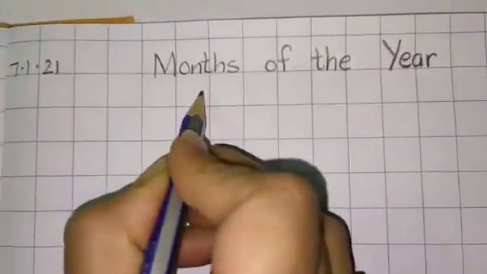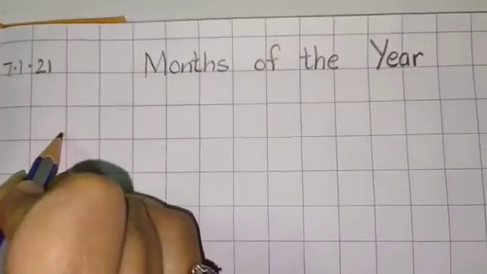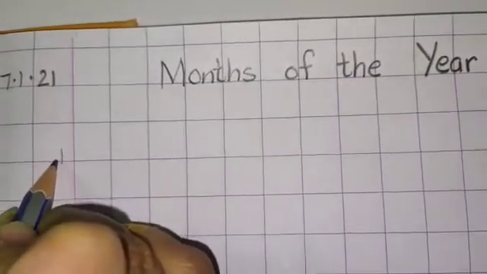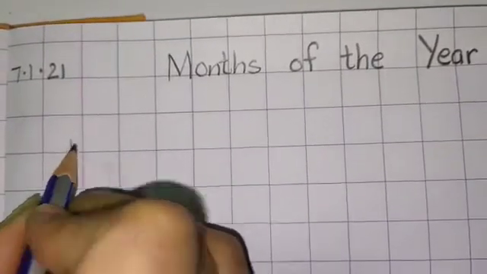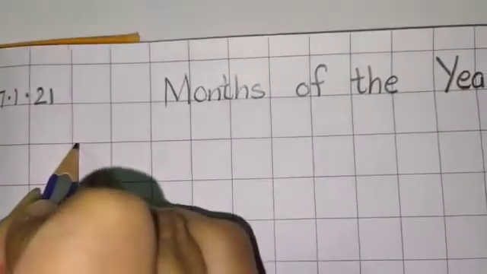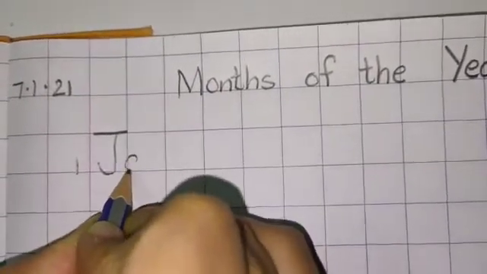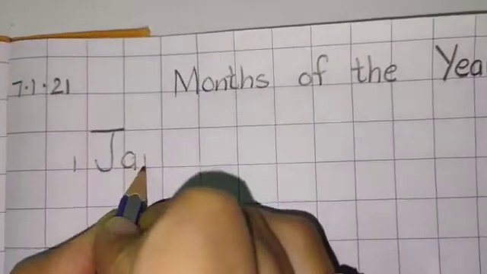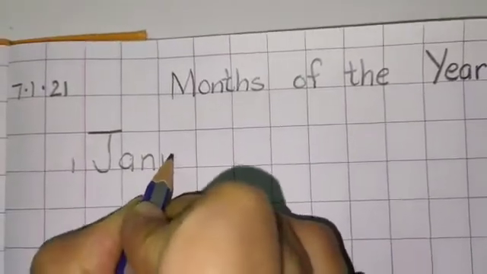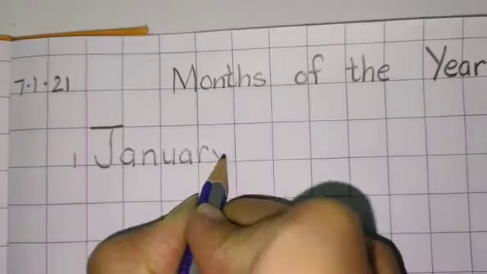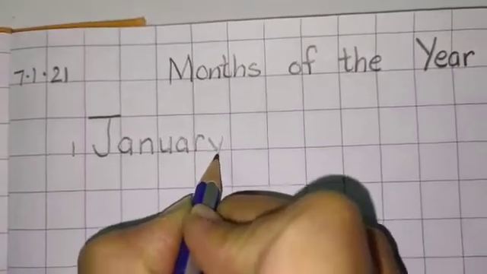We will leave 1 line and we will begin by writing 1 outside the margin. That is first month of the year. So we will write January, January, January.